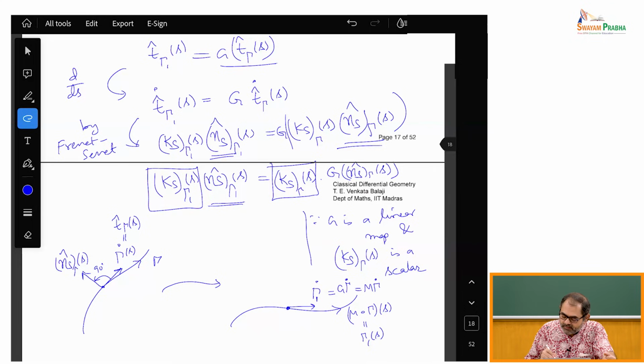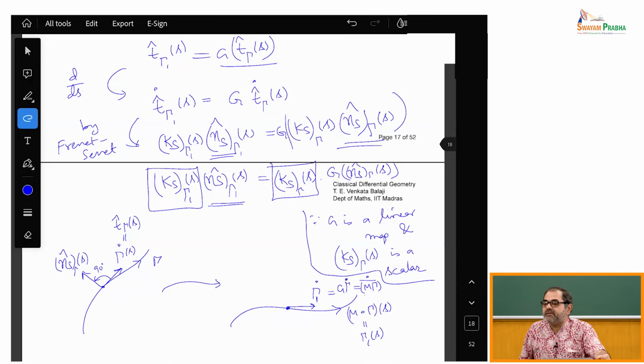So why is this? M has a translation, so let me write this correctly. So it's M gamma whole dot. So this is equal to M gamma the whole dot, okay.